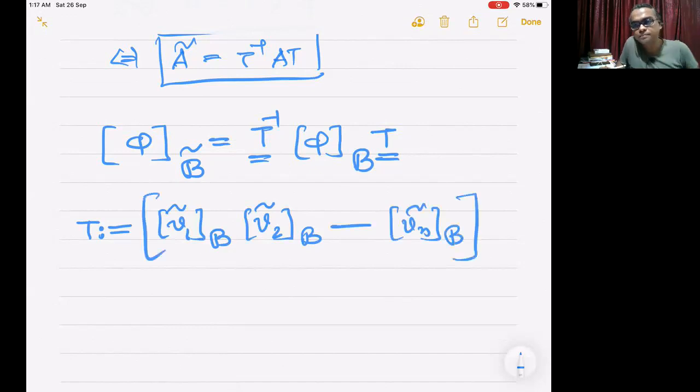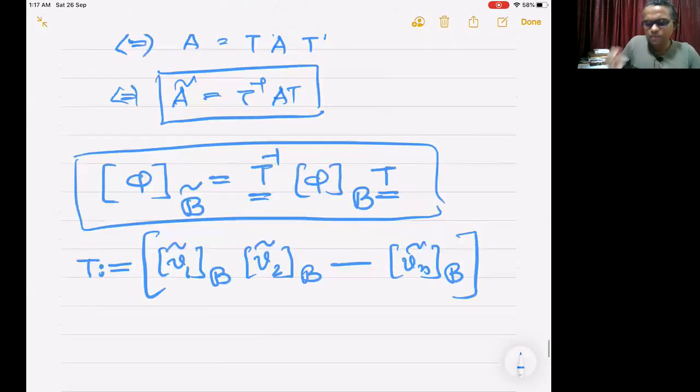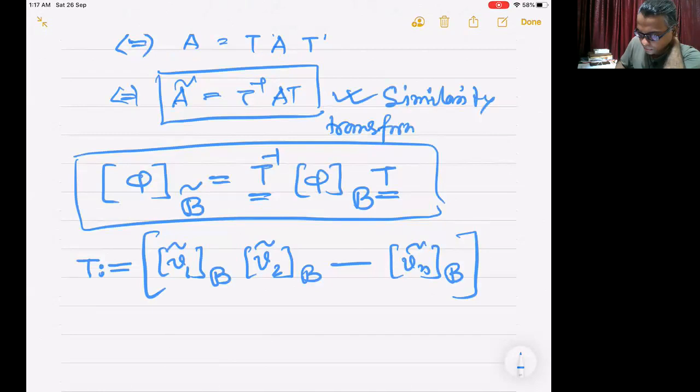That's it. That's the trick. And in linear algebra language, this way of getting one matrix from another is called similarity transform. Similarity transformation on a matrix.